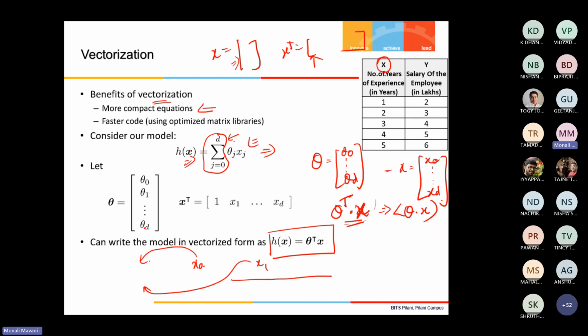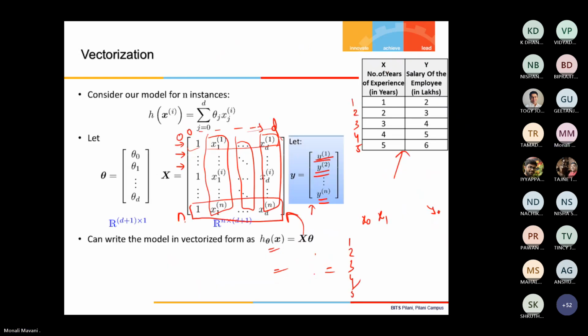Those are parameters, you can call them coefficients or the weights of the features. These weights will remain the same for all training examples. It won't change. But when we have features for one training example, we want to combine them together in matrix form. So we have created this capital X, which consists of all the features of all the training examples together.